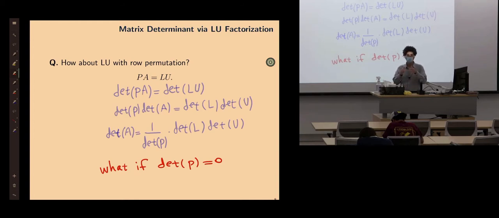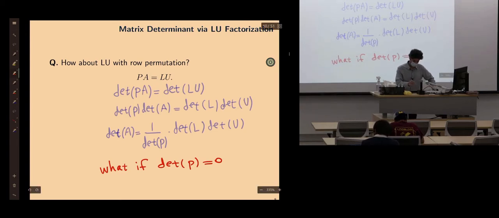And I'm just exchanging some rows. Can this lead to making the determinant degenerate or undefined? Is that possible? Yes, one answer is it can happen if the determinant of P is 0.